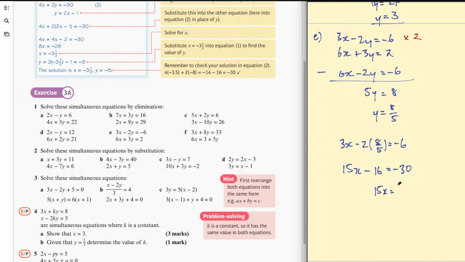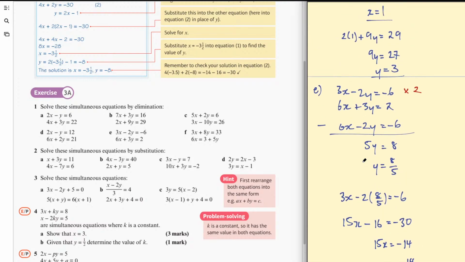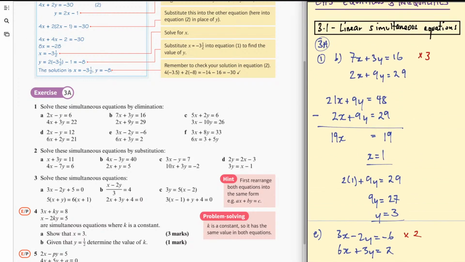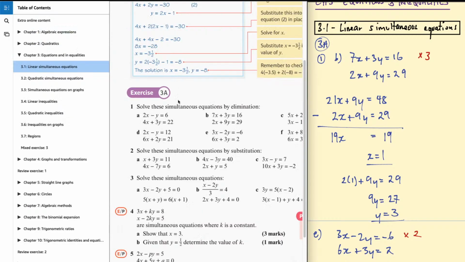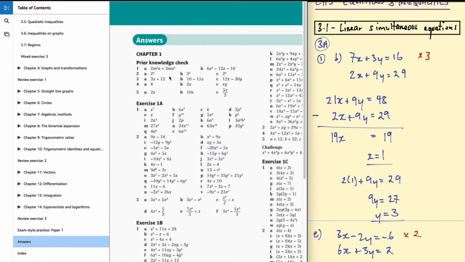15x, maybe I made a mistake here, I'm not sure. Negative 30 plus 16 is negative 14, so x equals negative 14 on 15. And let's go ahead and check these. So this was 3a1.